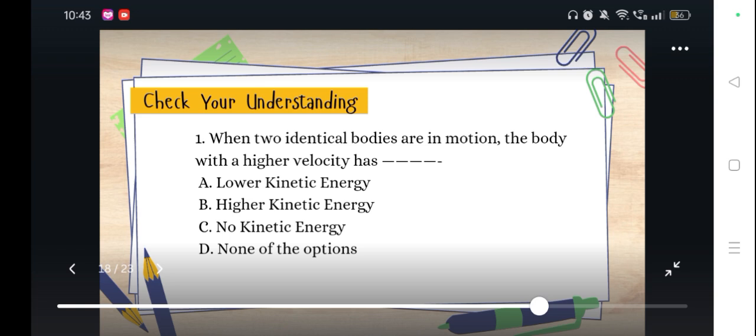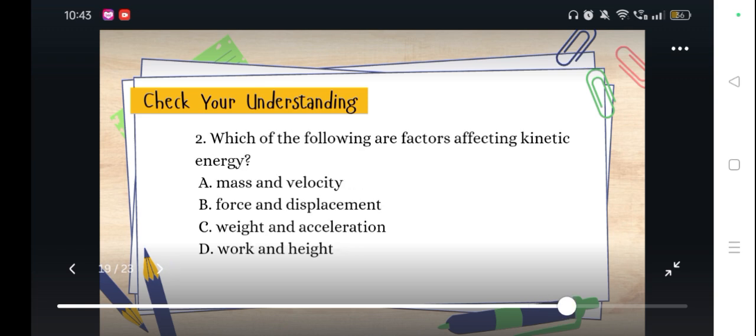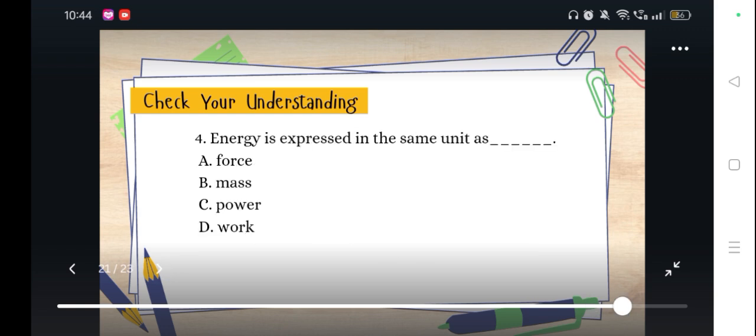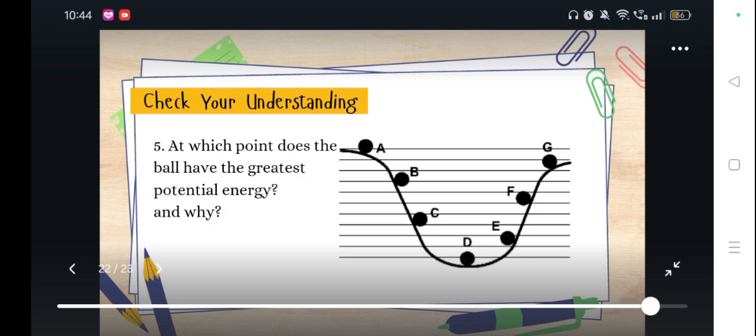Number 1, number 2, here is number 3, number 4, and finally, number 5.